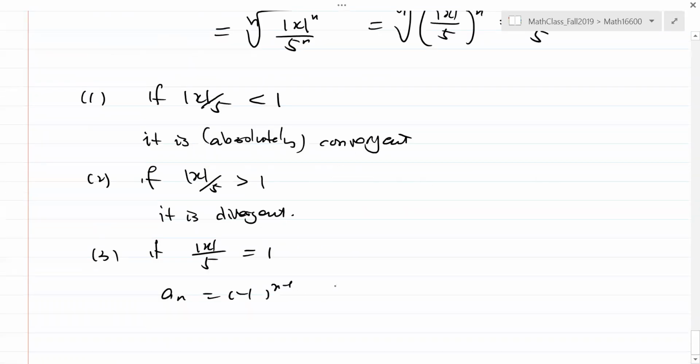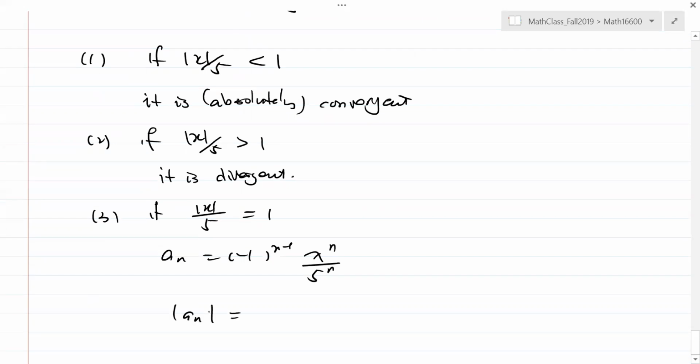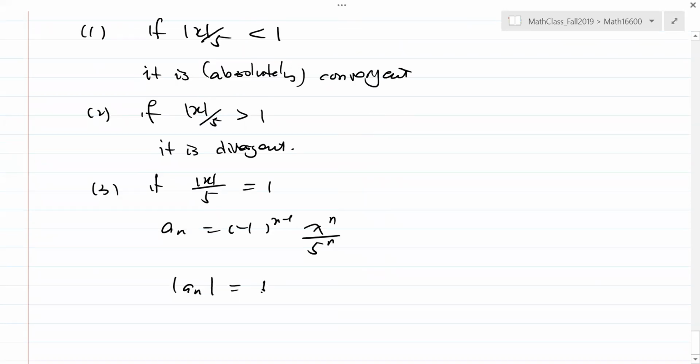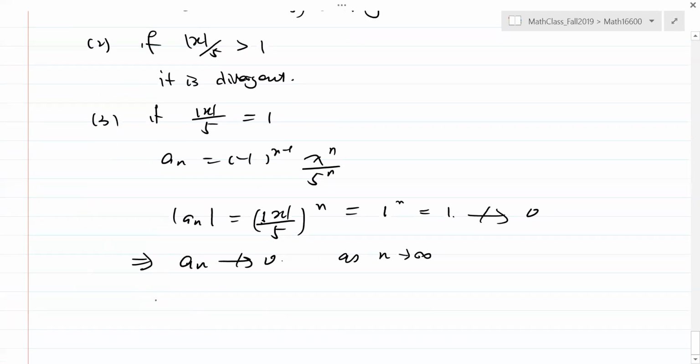The absolute value of the nth term is nothing but equal to 1, because the negative sign is gone. So that means the nth term does not approach 0. I don't care whether it has a limit, but it does not approach 0. So this implies the series is divergent.